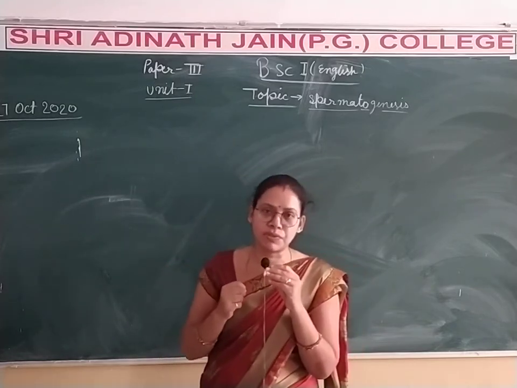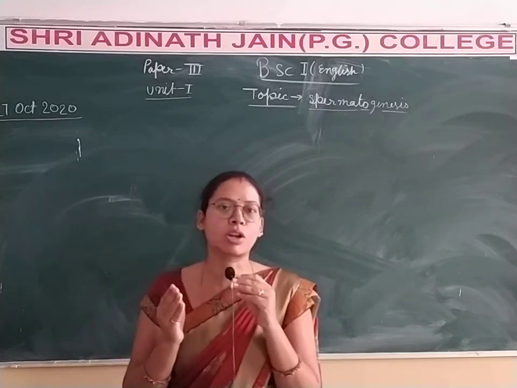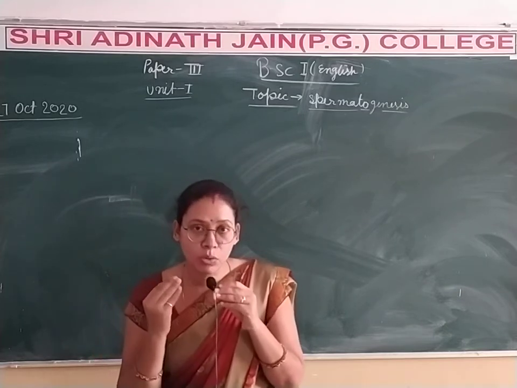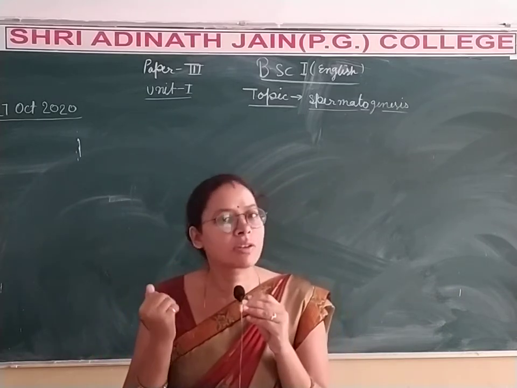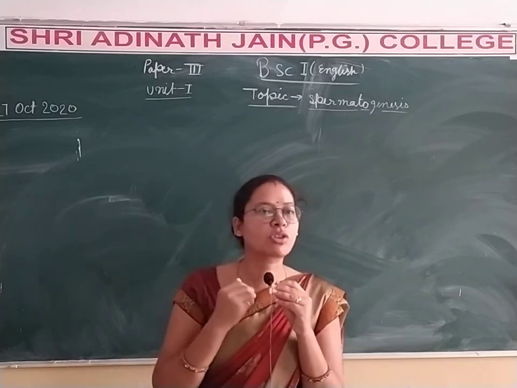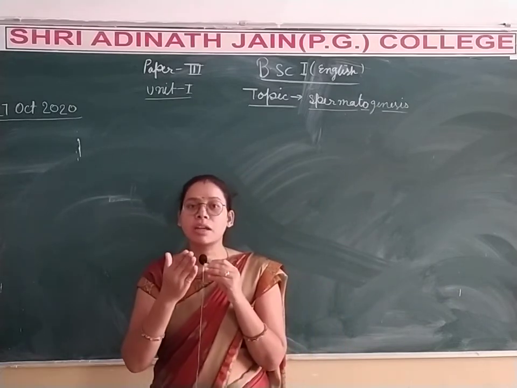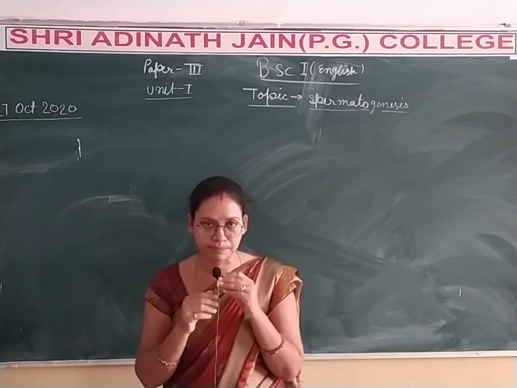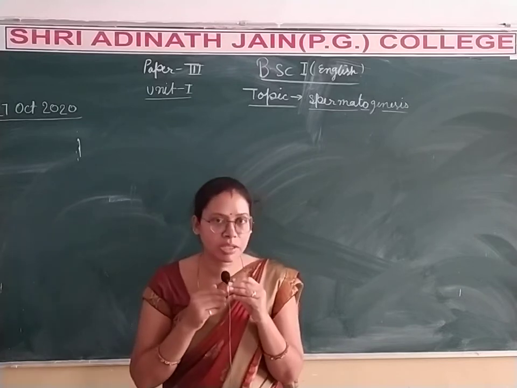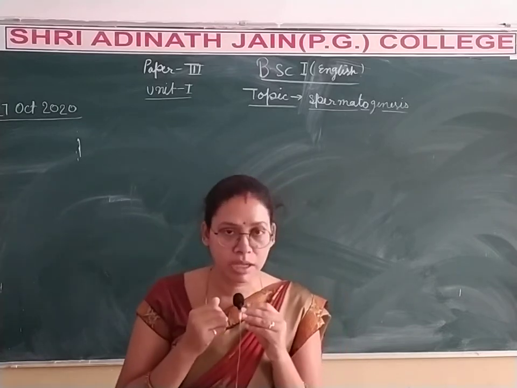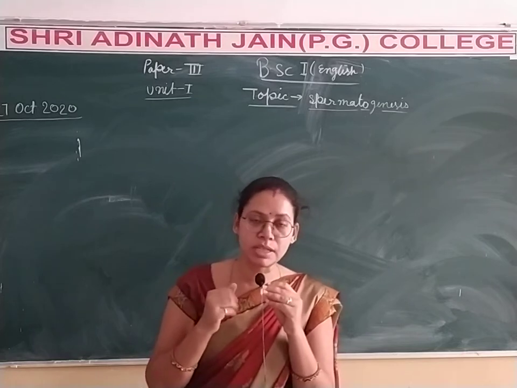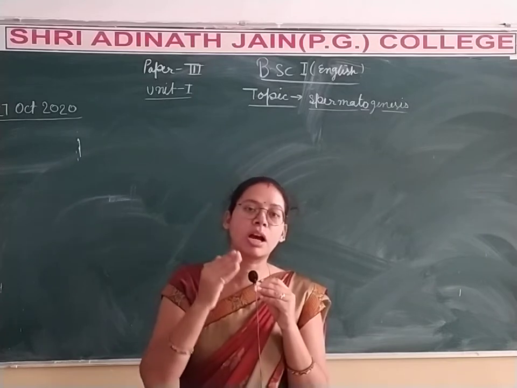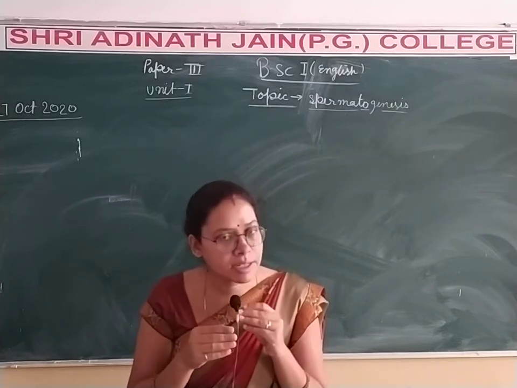In all of the previous videos, we had started the topic of spermatogenesis, and in the last video we were doing the maturation phase. This maturation phase is divided into two parts: maturation phase first and maturation phase second. The maturation phase first is a meiotic division, and due to this meiotic division, the diploid cell changes into haploid cells.